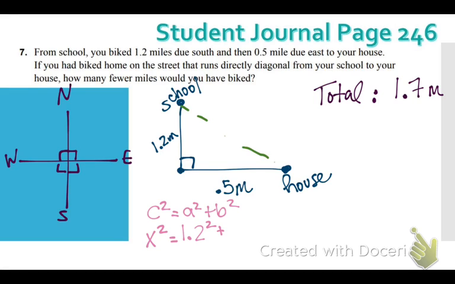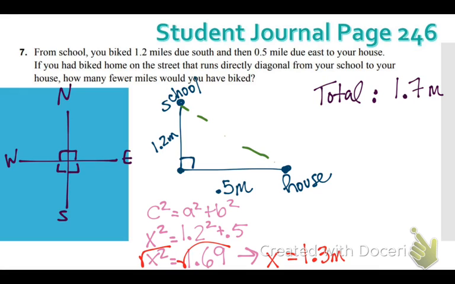1.2 and 0.5. So we'll have x squared equals 1.44 plus 0.25, and we get 1.69. So then take the square root of both sides, and what do we get? 1.3.